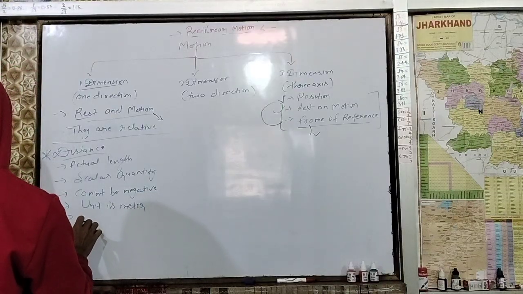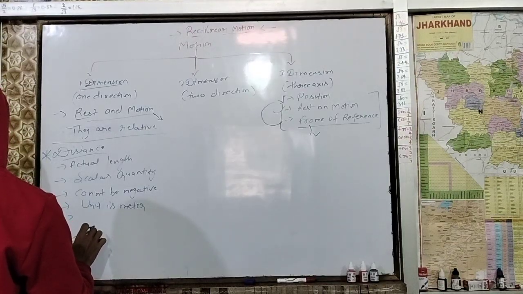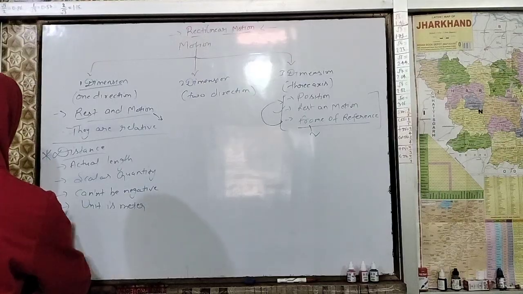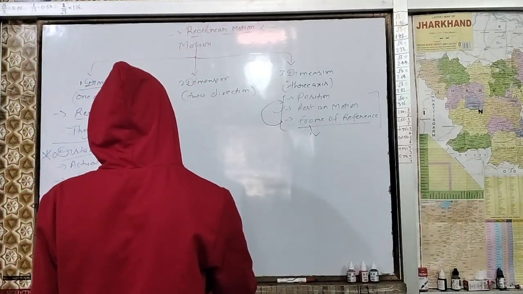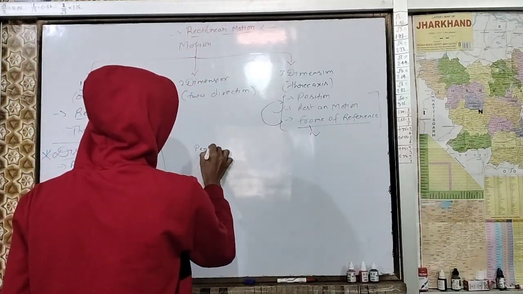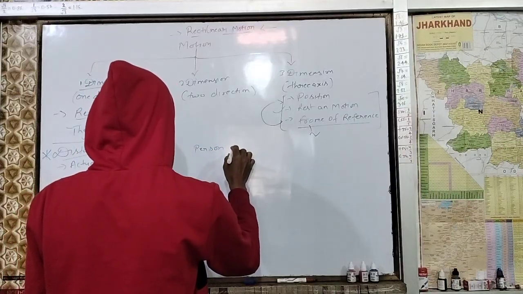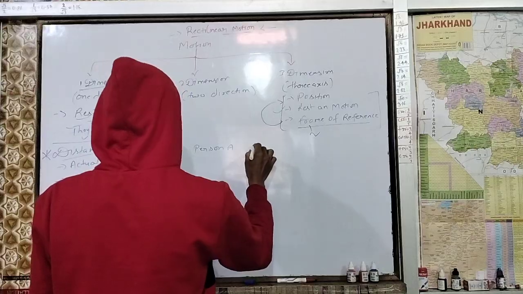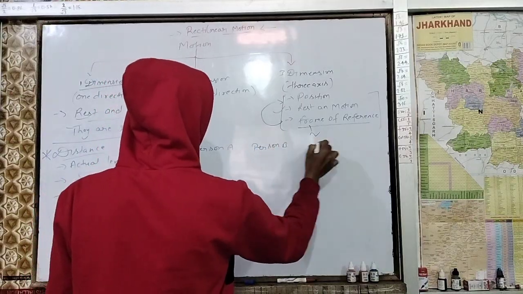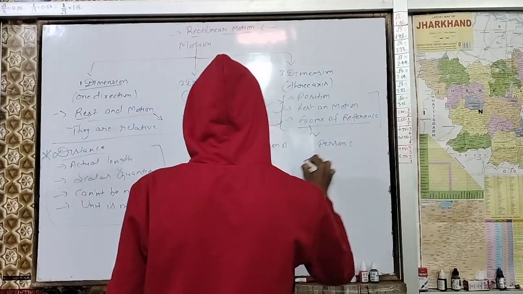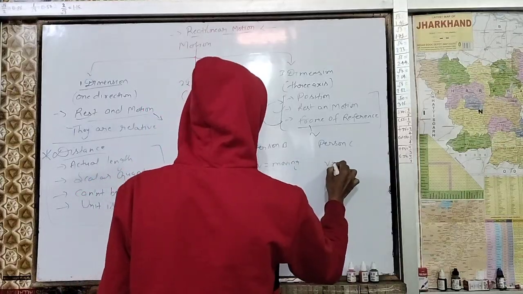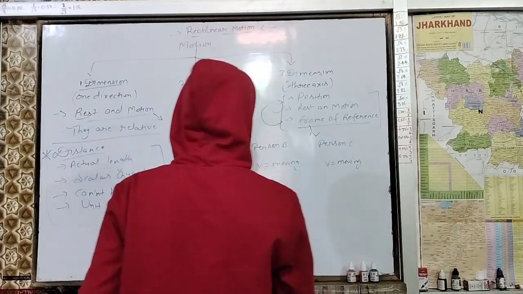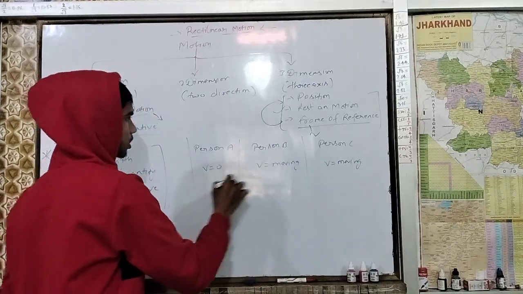Okay, this is enough for distance. Look over here at person B. Try to understand these three sections.